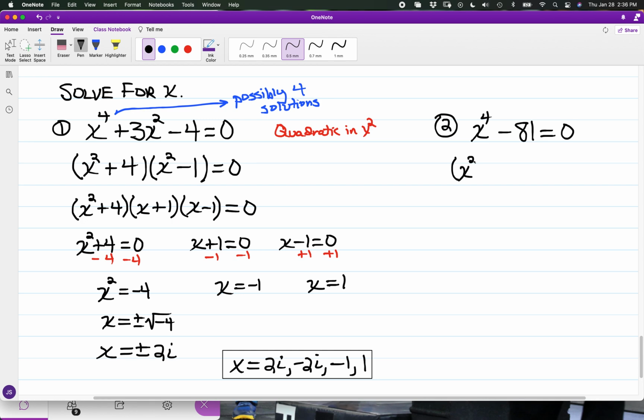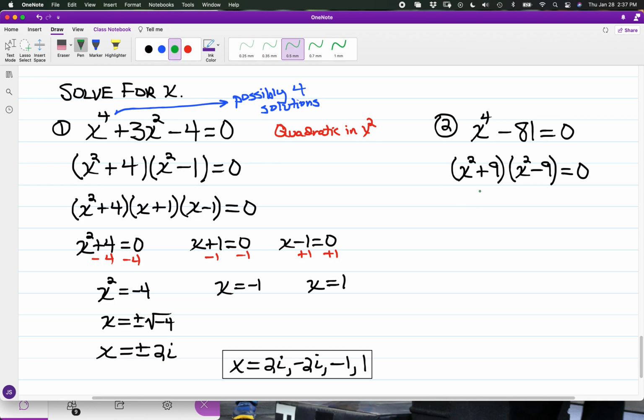And so I could factor what I have here into x squared plus 9 and x squared minus 9. Notice I could not factor x squared plus 4, but I could x squared minus 1.